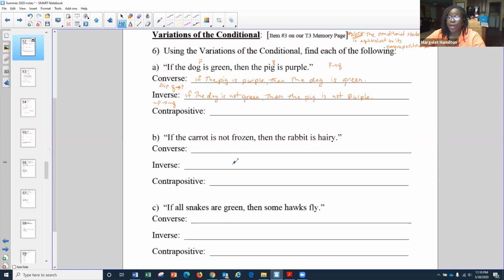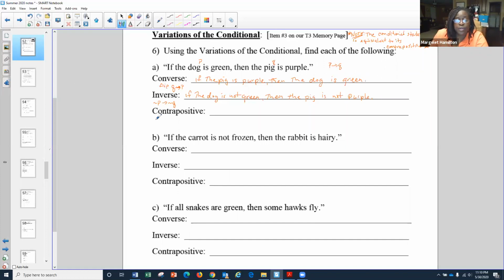Now we need the contrapositive. Now remember what we said, the contrapositive really is nothing but the inverse flipped over. Okay. So it's flip and change. And since we already changed the inverse, we just got to flip it over now.